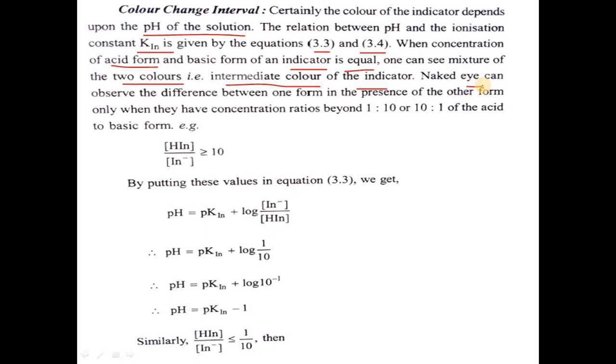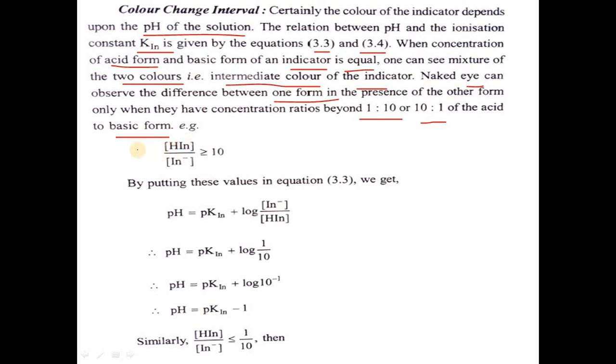By the naked eye we can observe the difference between one form in the presence of the other form only when they have a concentration ratio beyond 1:10 or 10:1 of the acid to basic form.